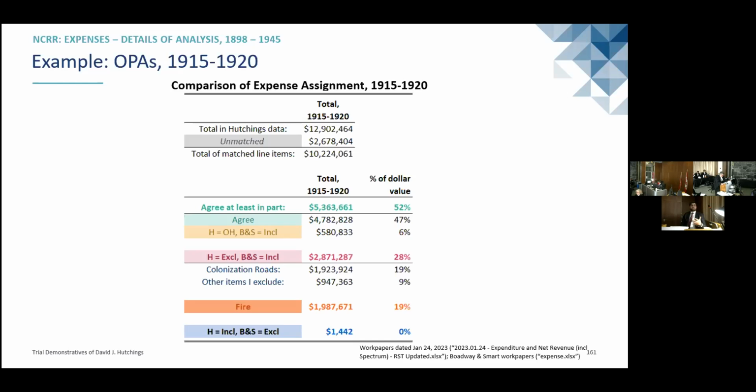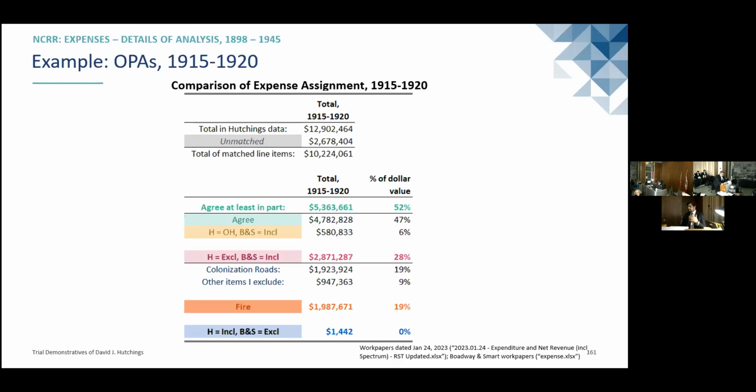That's not because they included less than me. That's because of some of the aggregation might be different. So where I can make an apples to apples comparison of how we both treated the data is this matched line items of 10,224,000. So that's the ones we just went through that had a color next to them.